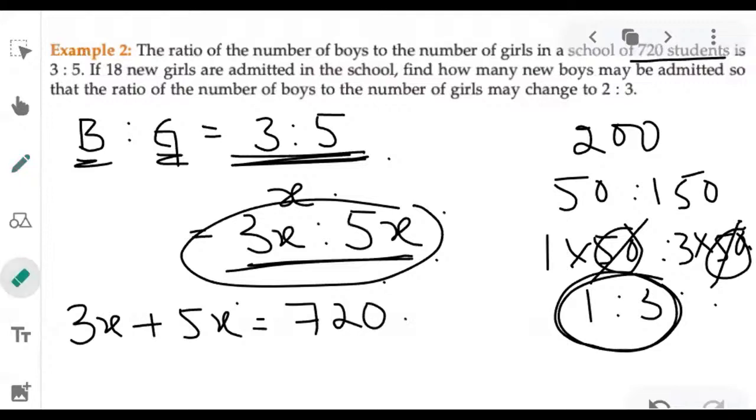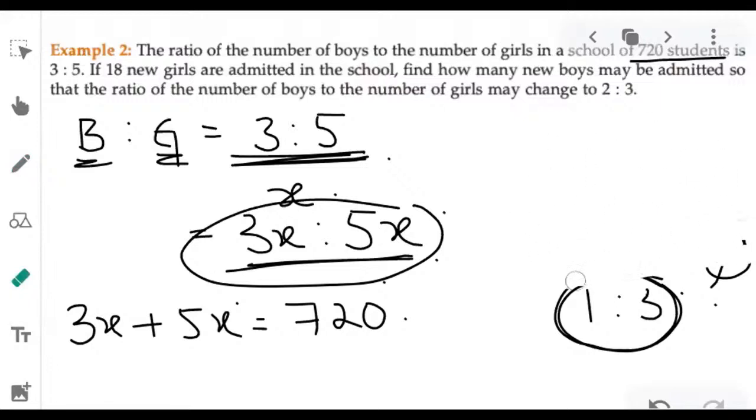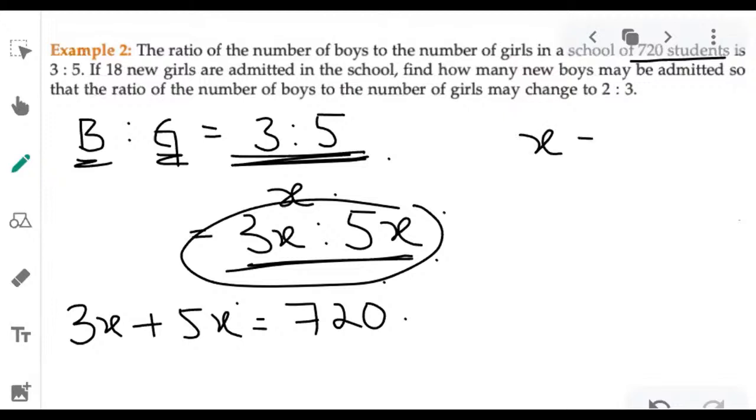True? Then what is the value of x? Nandini? X is equals to 720 by, retrace a step. 3x plus 5x is equals to, because x is the common factor, 3 plus 5 is 8x.